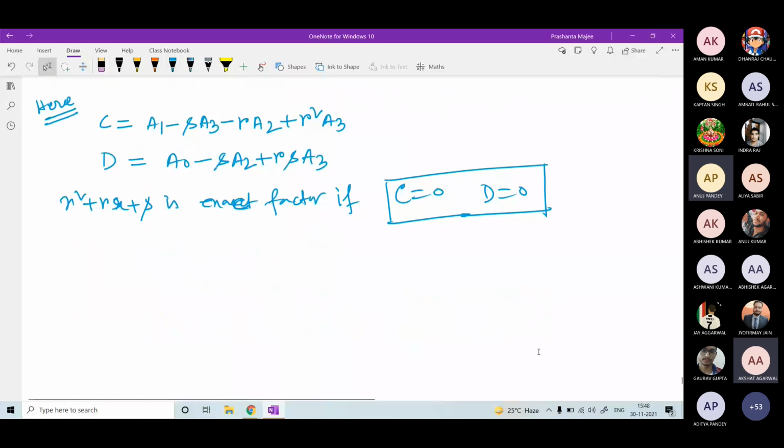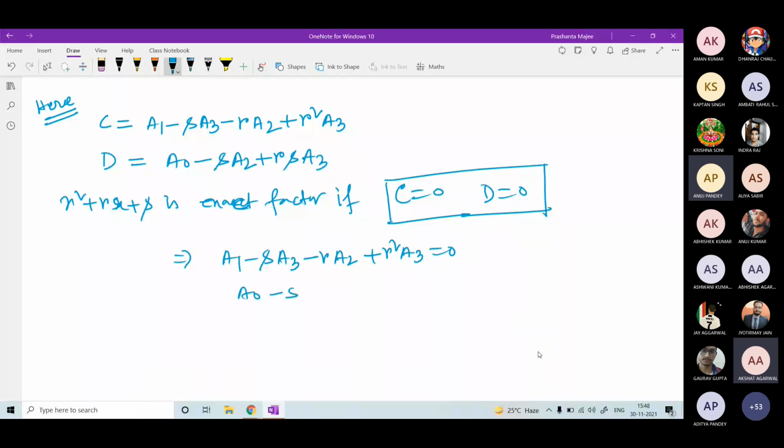Now C equals 0, D equals 0. That will give you A1 minus S A3 minus R A2 plus R square A3 equals 0. Another will be A0 minus S A2 plus R S A3 equals 0.